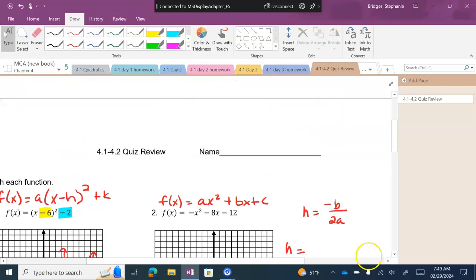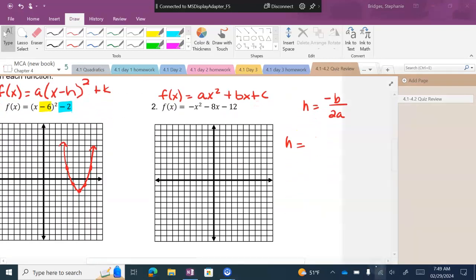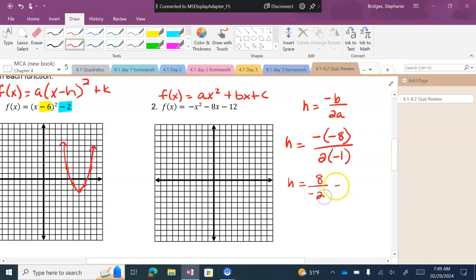So it is the opposite of b. What is b? Negative 8. Okay. Over 2 times a. What is a? Negative 1. So then that's a positive 8 over negative 2, which divides to be how much? Negative 4.